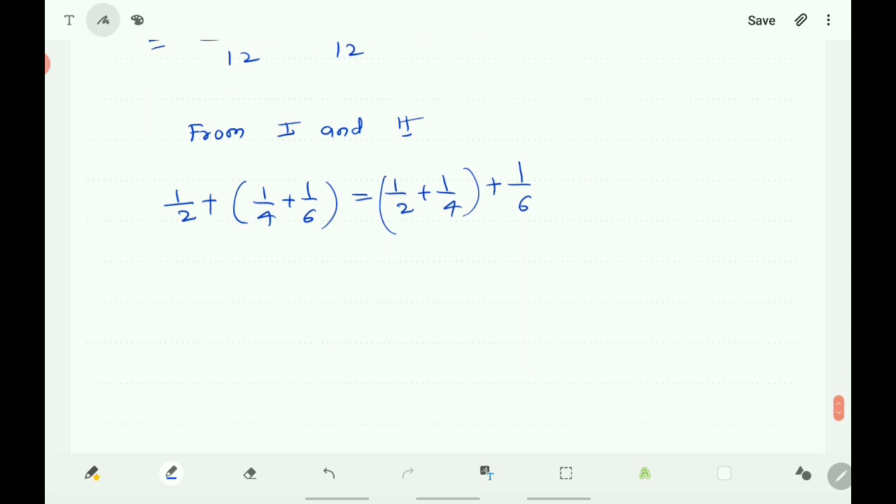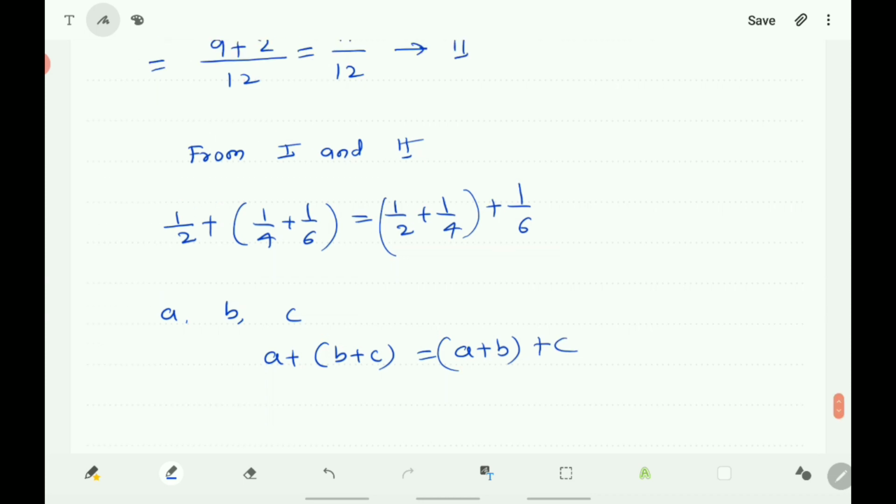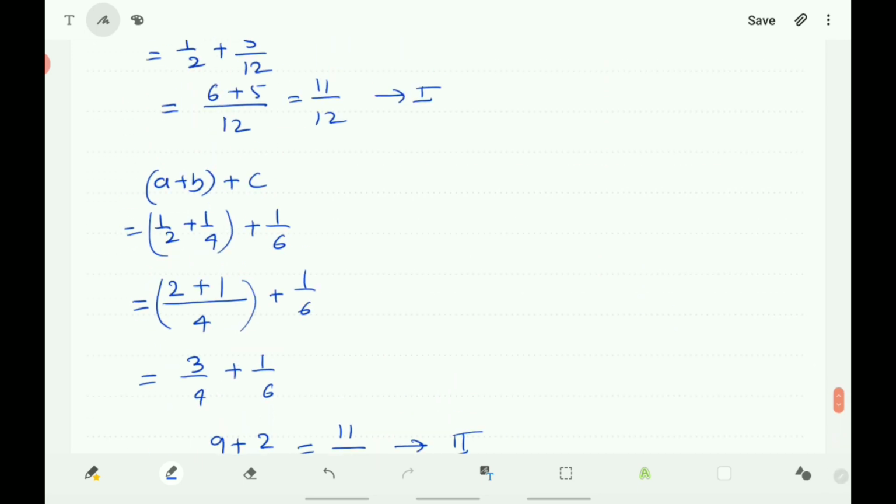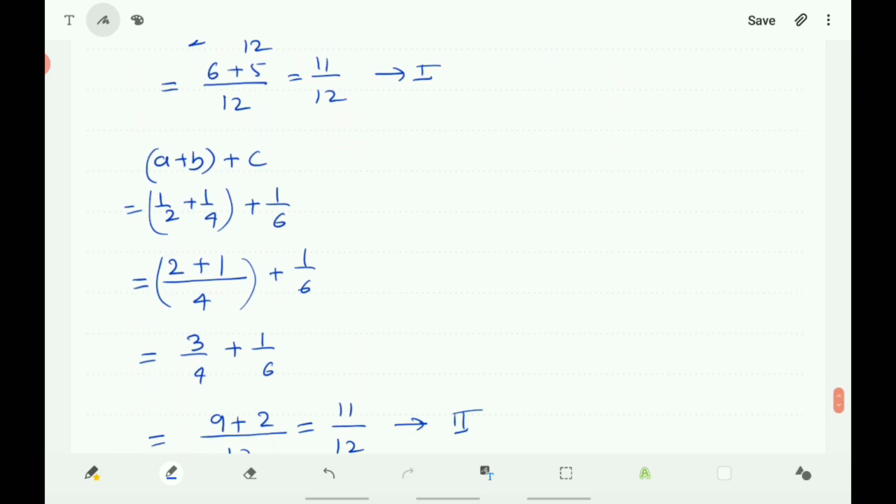So you can conclude that for all rational numbers A, B, C, A plus (B plus C) is equal to (A plus B) plus C. And here addition is associative for rational numbers.